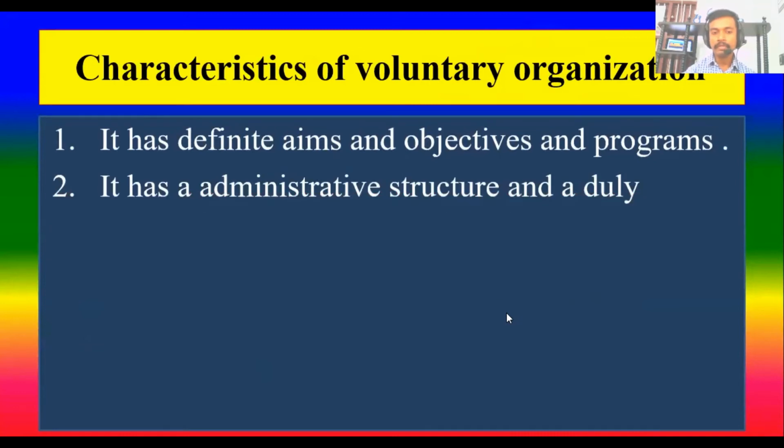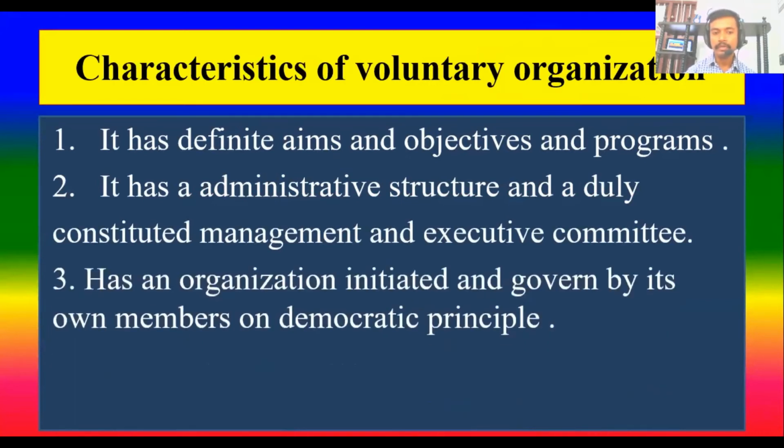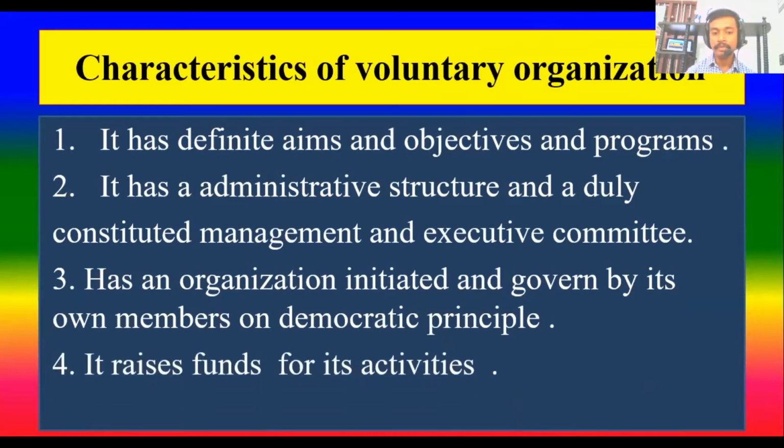Second, it has an administrative structure and duly constituted management. An executive committee, an organization initiated and governed by its own members, follows democratic principles. It raises funds for its activities.